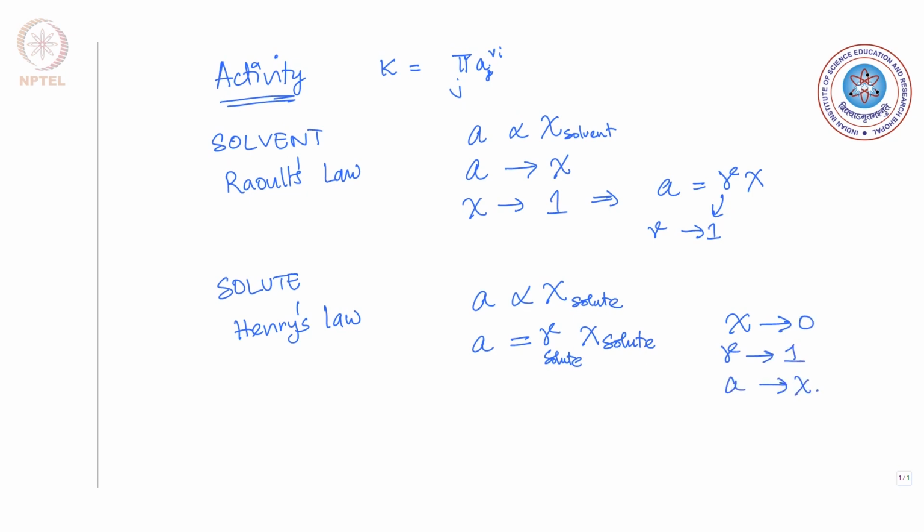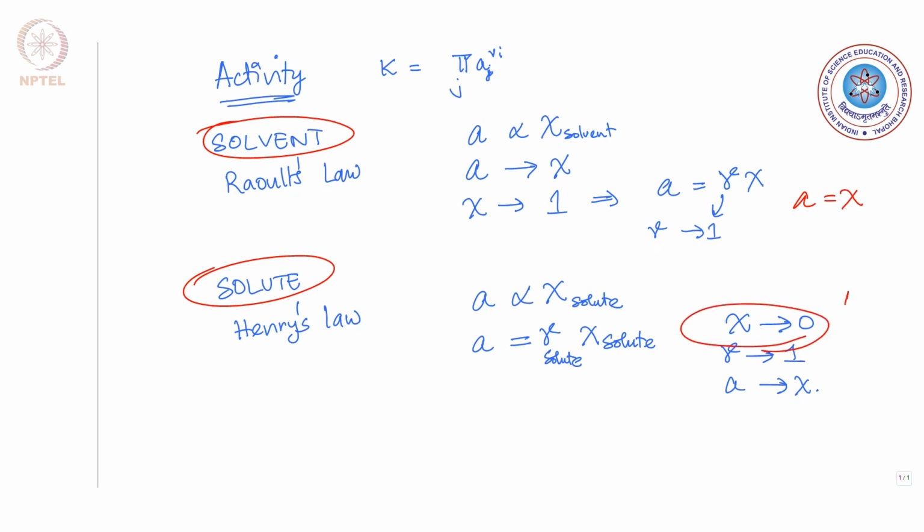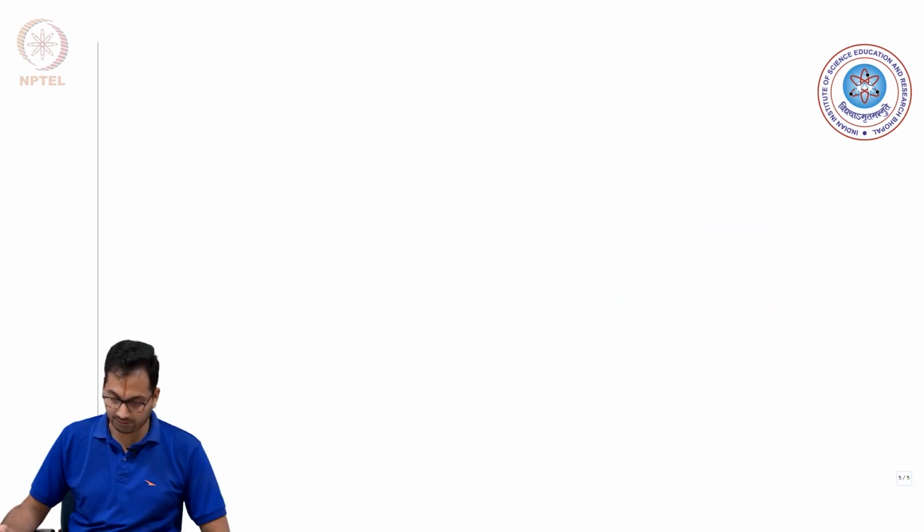So, what we are able to understand here is how activity is approximated to the concentration in terms of mole fraction for solute versus a solvent. Let me reiterate that for a solvent, when the solvent is pure, you tend to associate activity to its mole fraction. On the other hand, for a solute, when the solute is present at very low concentrations, you would tend to approximate activity to its mole fraction.